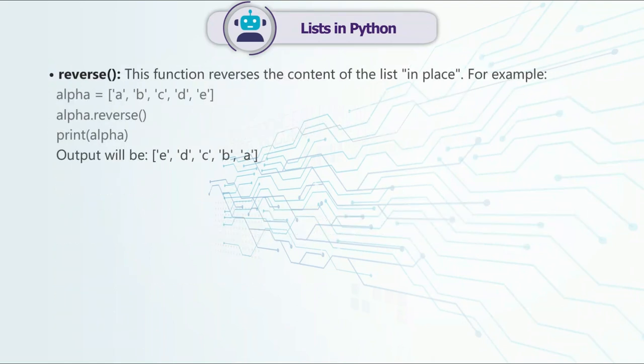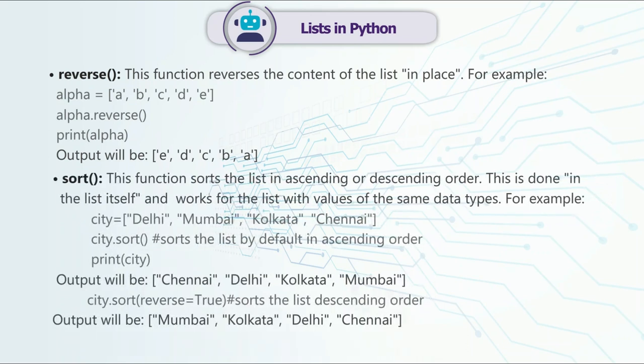Reverse. This function reverses the content of the list in place. For example, output will be ['E', 'D', 'C', 'B', 'A']. Sort. This function sorts the list in ascending or descending order.